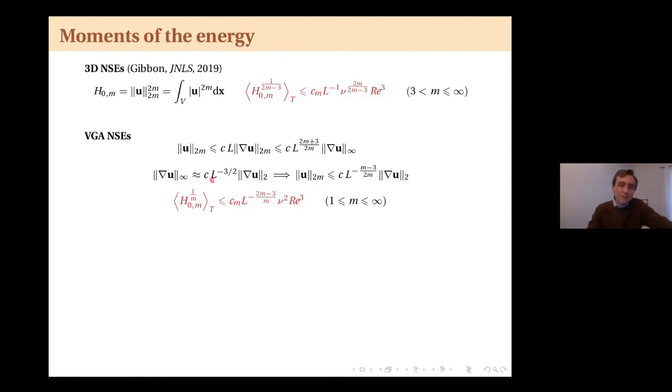Here, by doing this approximation, we're assuming that the same inequality holds also for our larger m's.